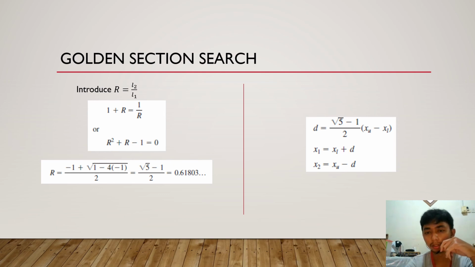So we introduce that d is equal to this coefficient, 0.618, times x upper minus x lower. Then x1, the first guess, is x lower plus d, and x2 is x upper minus d.